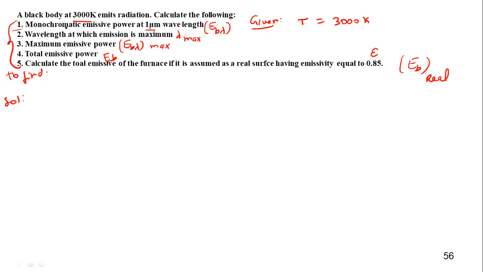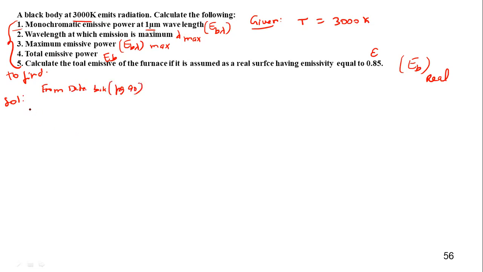First we find EB lambda, the monochromatic emissive power. From the HMT data book, the page number is 90, and all the values are used from this page.